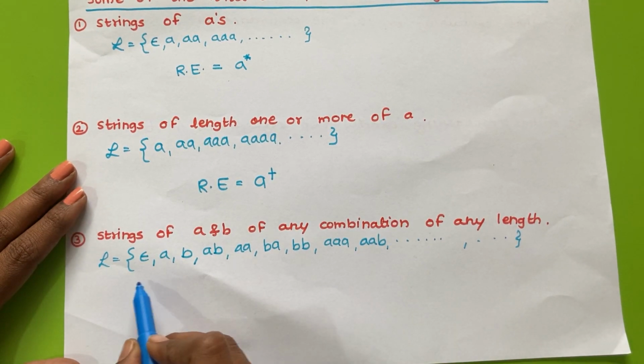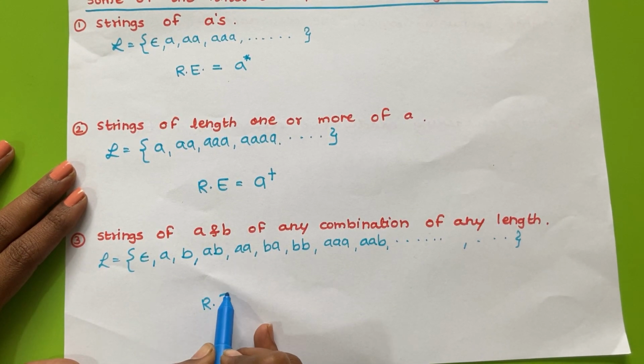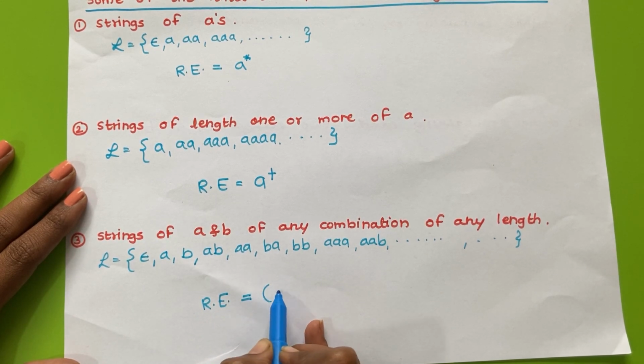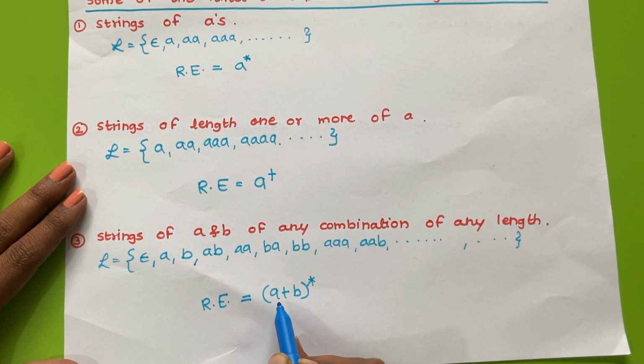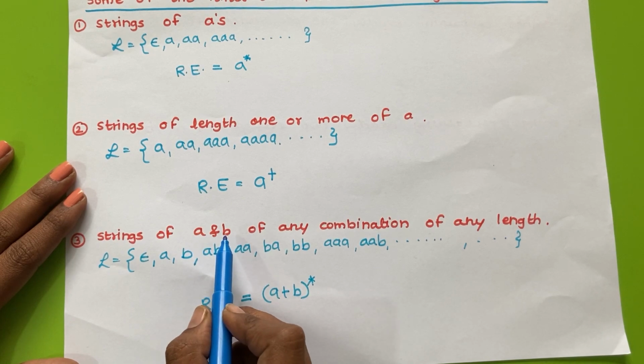This is nothing but what we already know, that is (a+b) star. This will give all possible combinations of any length of a and b only.